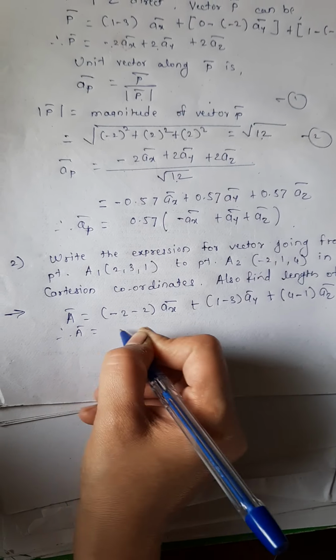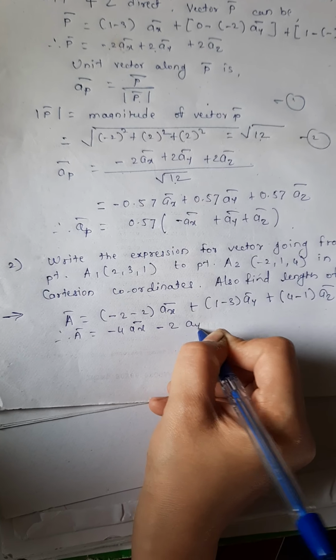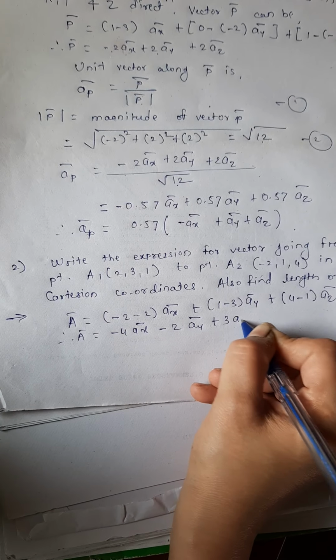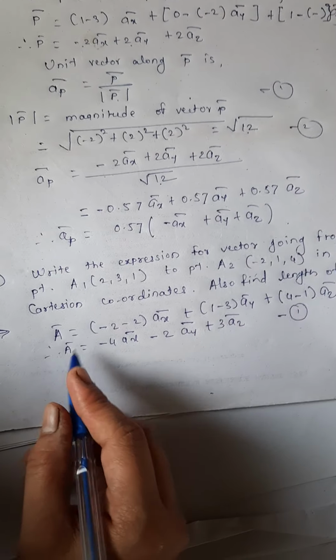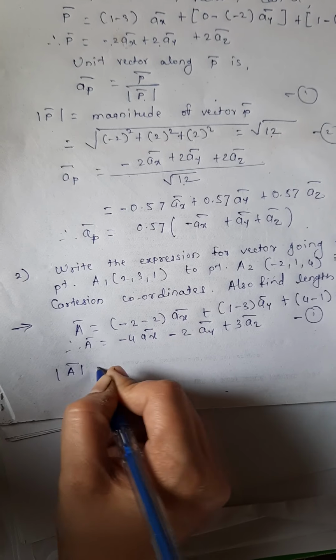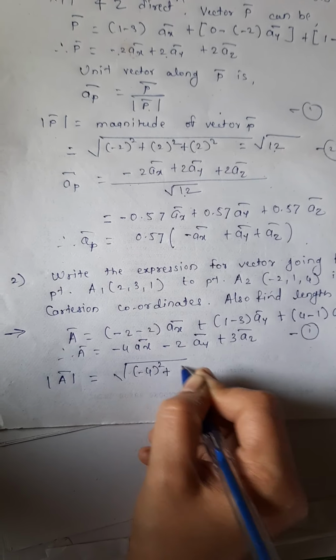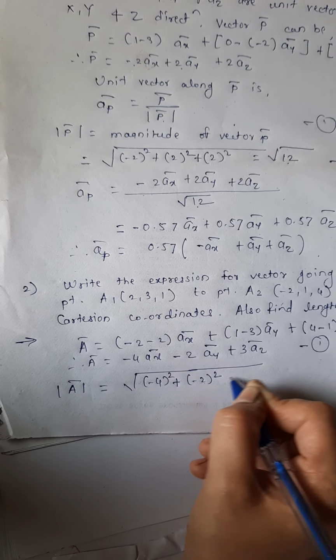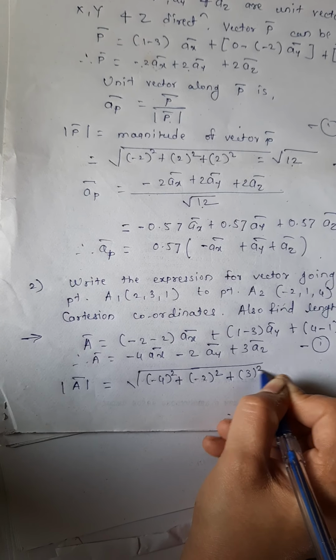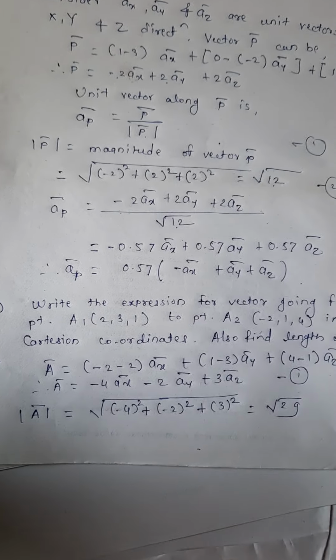So a bar is minus 4 ax bar minus 2 ay bar plus 3 az bar. So this is equation number 1, and the length of the line is given by mod of a bar. So mod of a bar is square root of minus 4 square plus minus 2 square plus 3 square. So it is square root of 29.